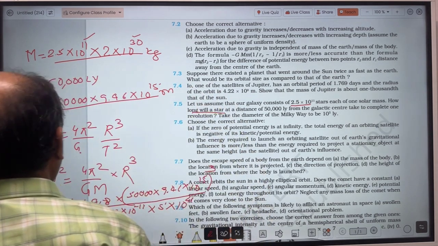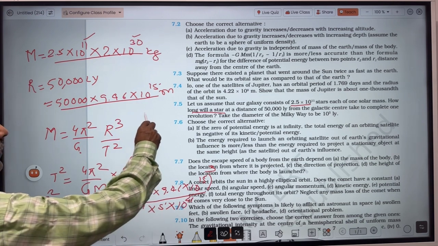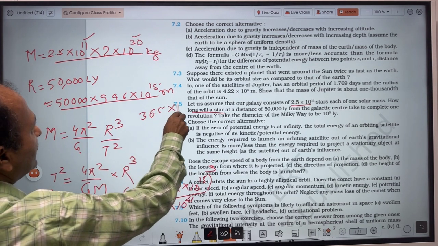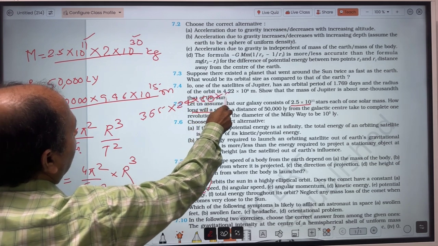Okay, after evaluation, you will get a certain number of seconds, that is your task. This is T square. You have to take the square root, then you will get this value in seconds. And to convert this value into years, you have to divide by the number of seconds in 1 year, so 365 days into 24 hours into 60 into 60.